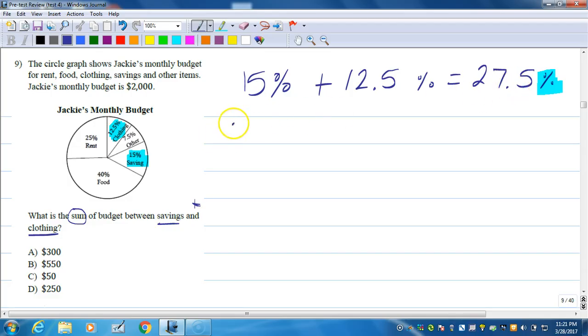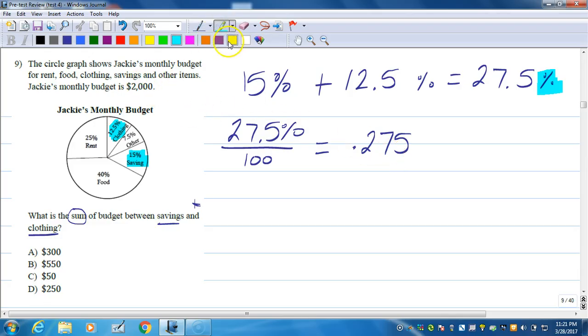So, 27.5% divided by 100. Put in your fancy calculator, or just know how to move two decimals to the left, whatever. And you're going to get 0.275. Now 0.275 is how much it wants you to figure out of the total 2,000.